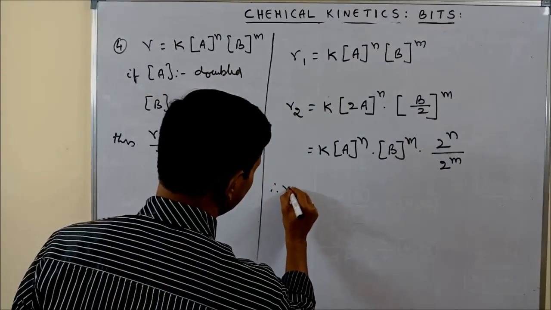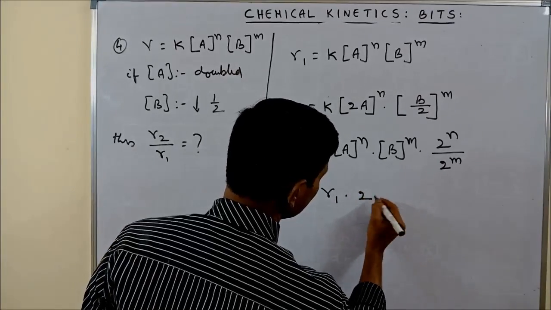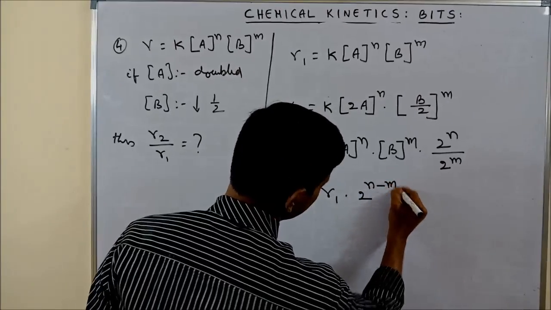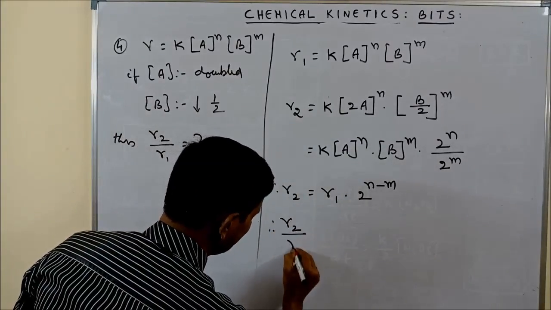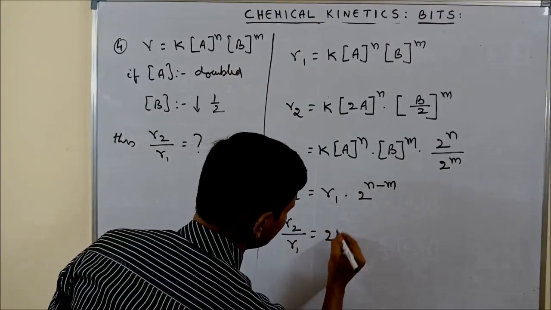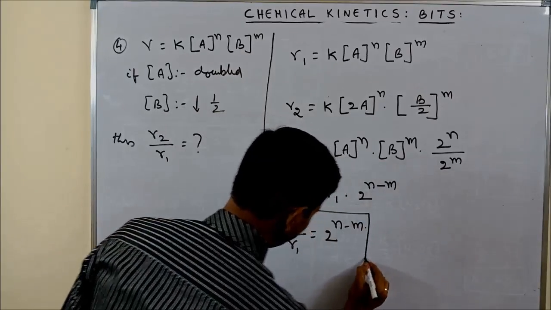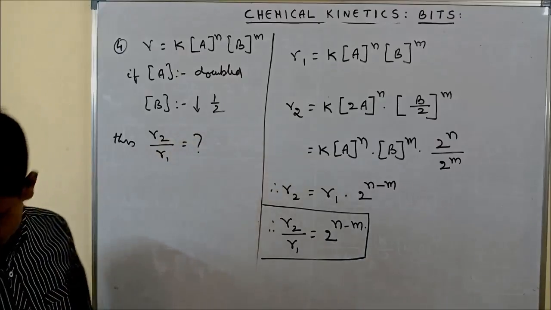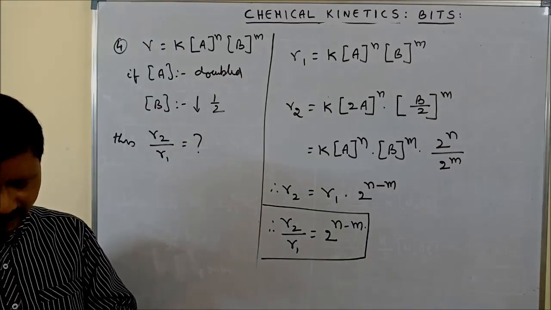So therefore R2 equal to R1 into 2 power N minus M. So therefore R2 by R1 is 2 power N minus M. So this is the ratio between initial and final rates.